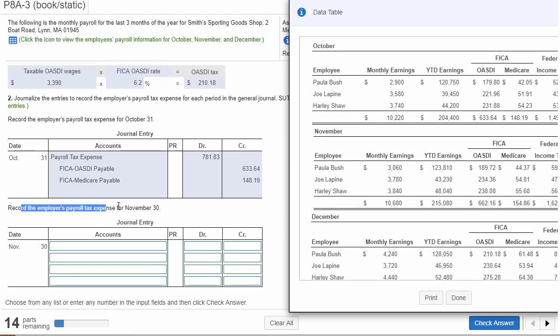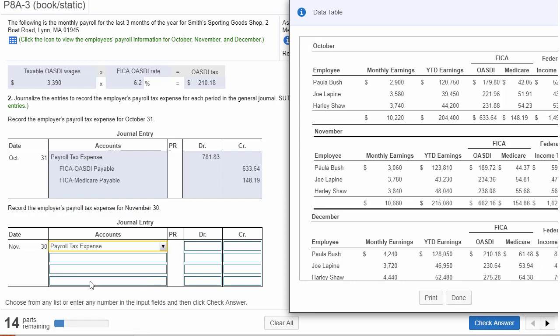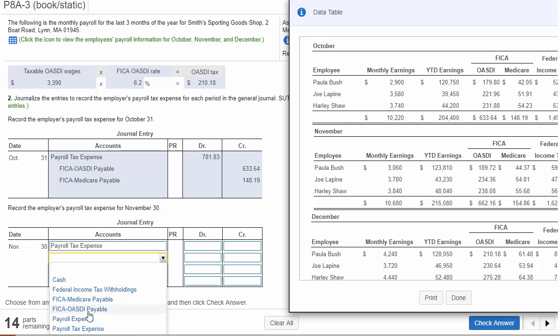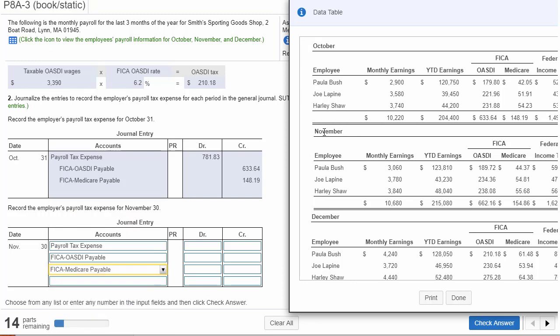Now they want us to record the same thing, but this time for November. So we're going to have payroll tax expense, OASDI payable, and Medicare payable. We're going to go over here to November and copy and paste OASDI.